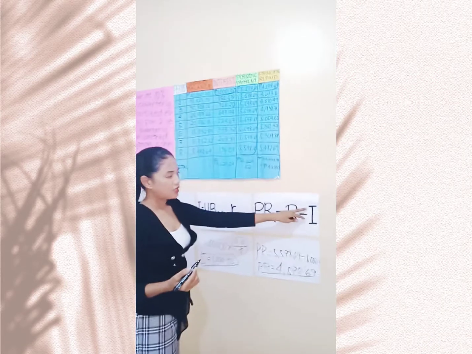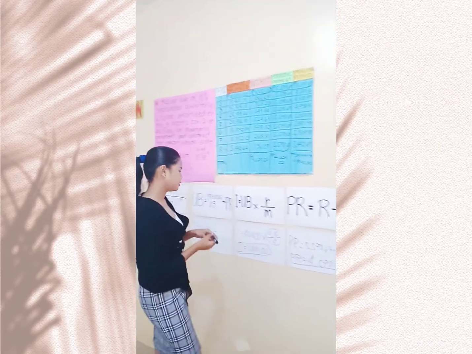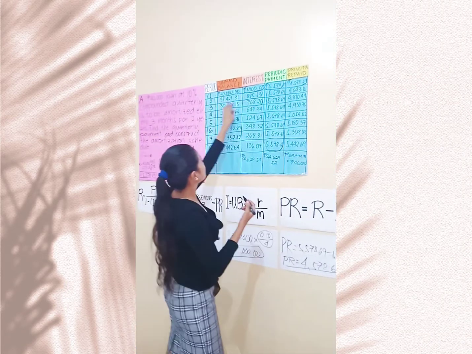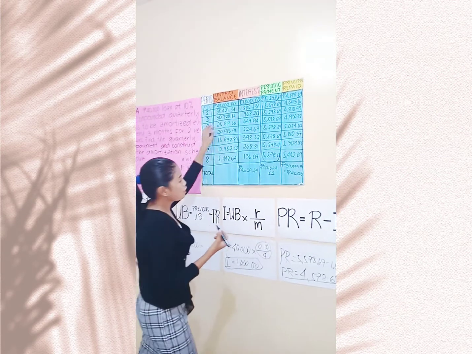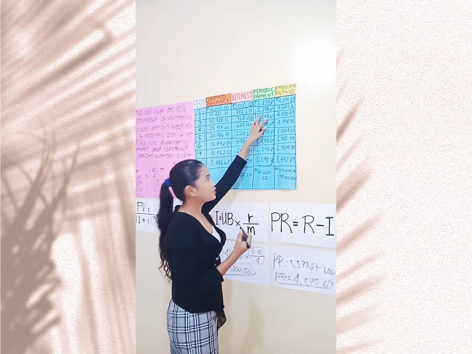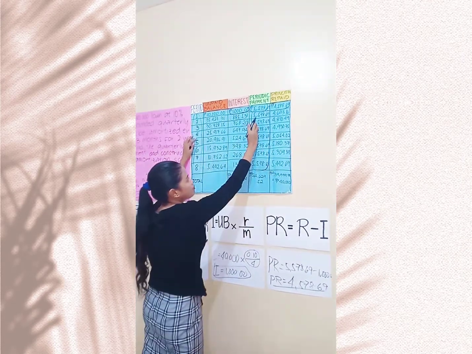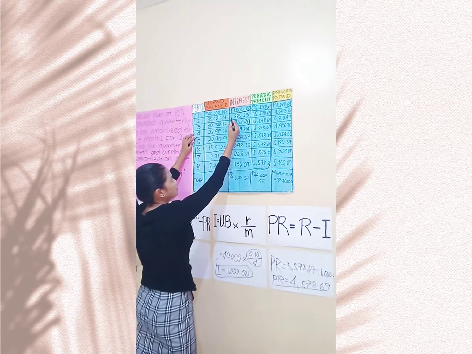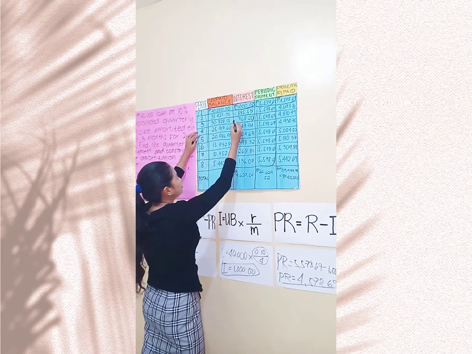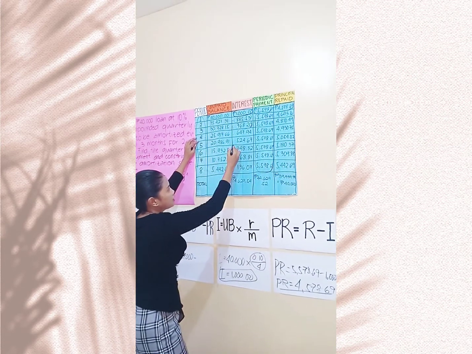So the same step in obtaining the principal repaid: we subtract the interest from the periodic payment on the first and the second period, the third, and as follows.